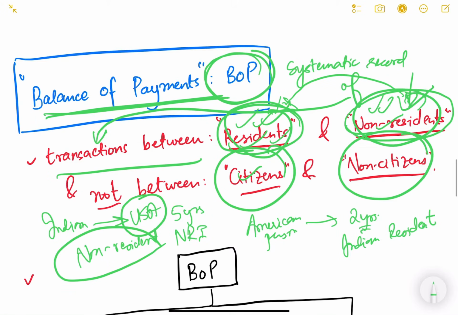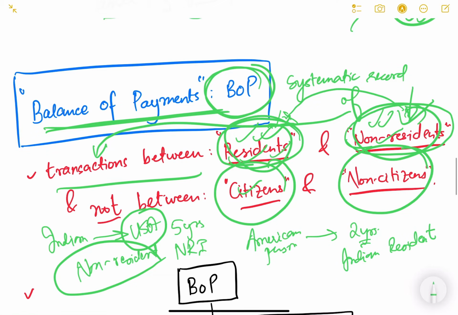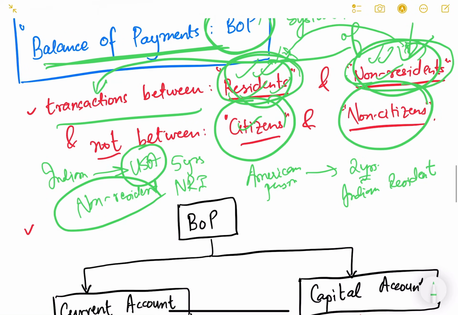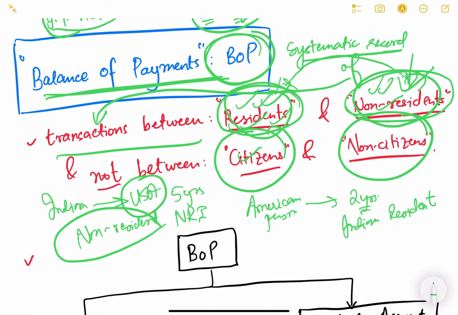And do you know how to define a resident? It is defined in the Income Tax Act. Usually the normal definition is that a resident is a person who has stayed for a continuous 182 days in our country. So basically balance of payments is a systematic record of transactions between residents and non-residents.